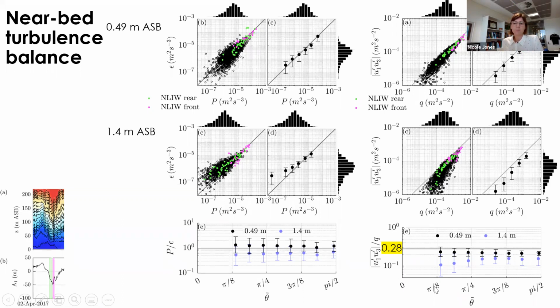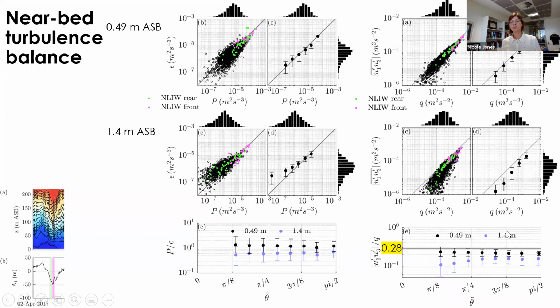The right-hand side plots compare the magnitude of the turbulent kinetic energy to the streamwise turbulent stress. The line here is the 0.28 coefficient that we expect. Again, the measurement close to the bottom behaves as if it were within the inertial sublayer, whereas we have far more deviation at the measurement a little further from the bed.